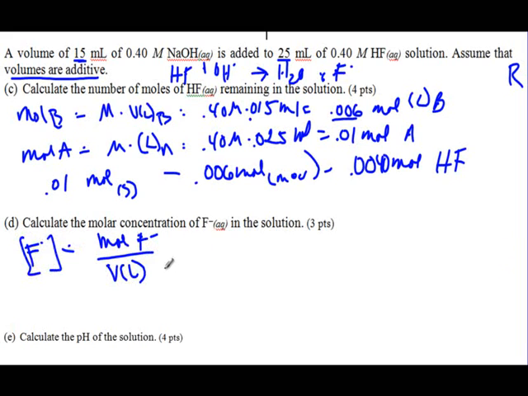My moles of F minus is the same as the moles of the reactants, and my volume is the total volume, 15 milliliters plus 25 milliliters, which is 40, so 0.040 liters. So my molarity is 0.15 molar.